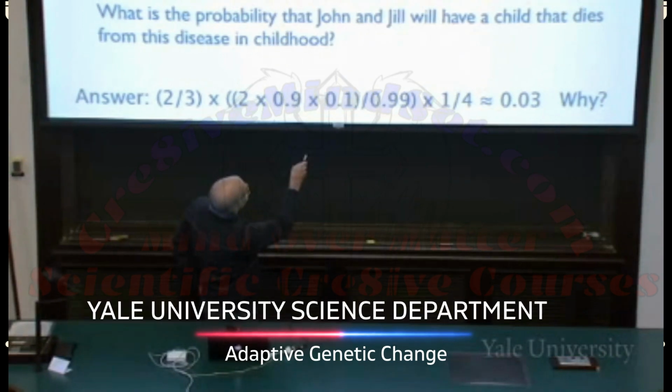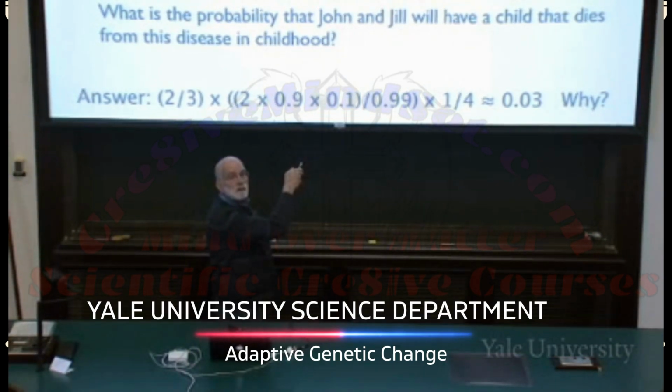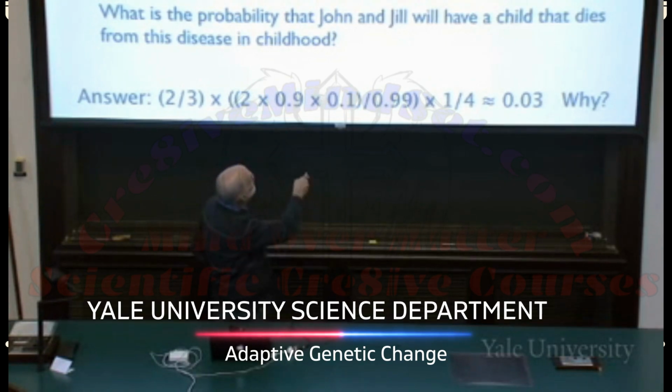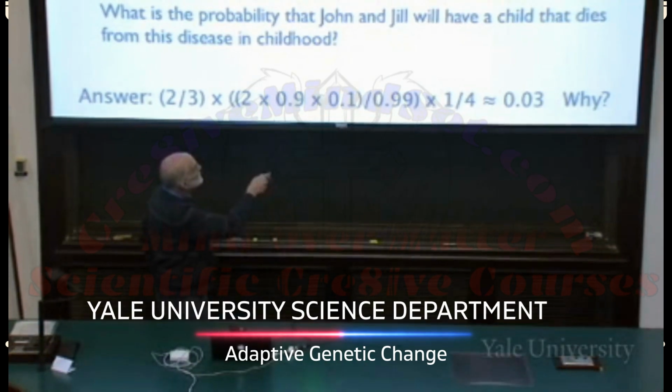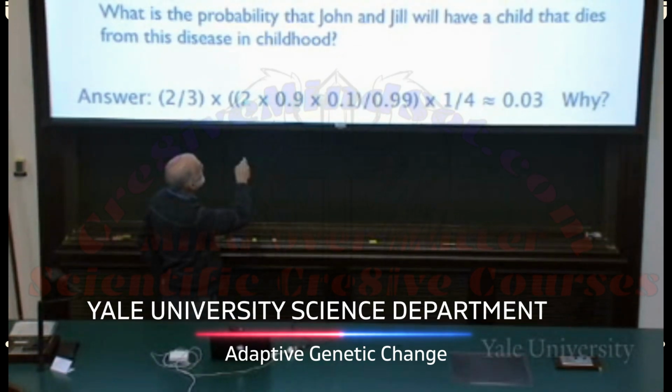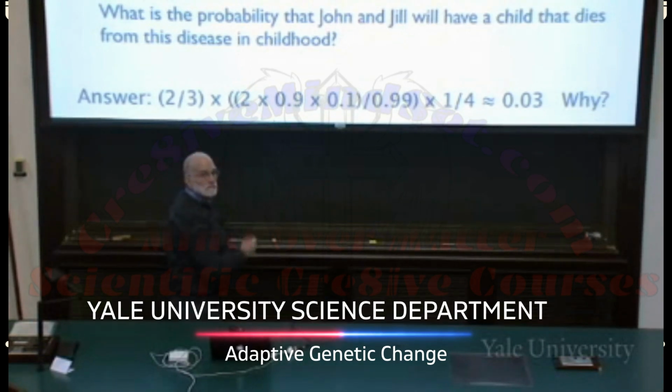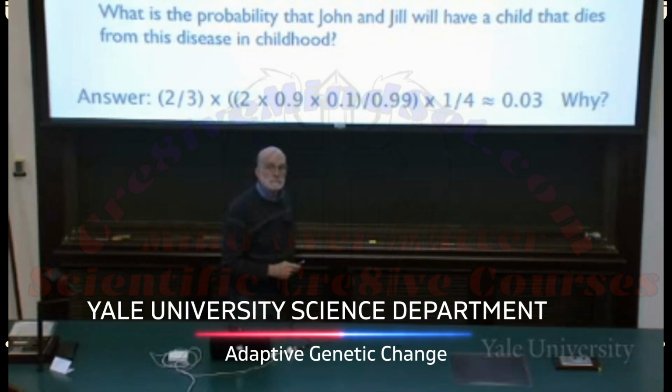And we get that from here. The square root of 1% is 0.1. 1 minus 0.1 is 0.9. This is Q, and this is P, and this is 2PQ. Okay?